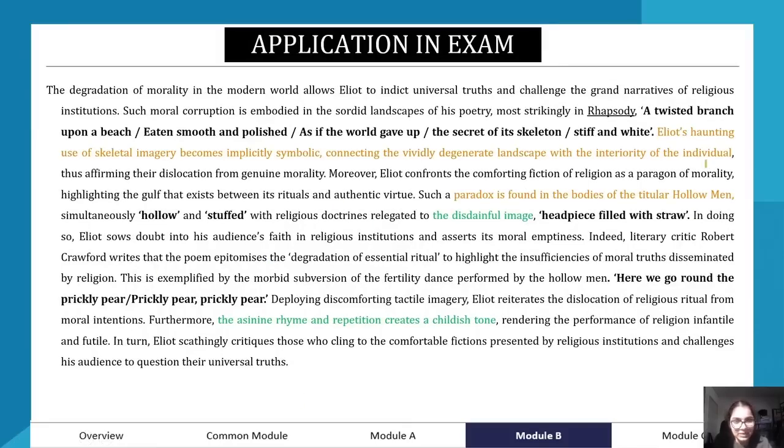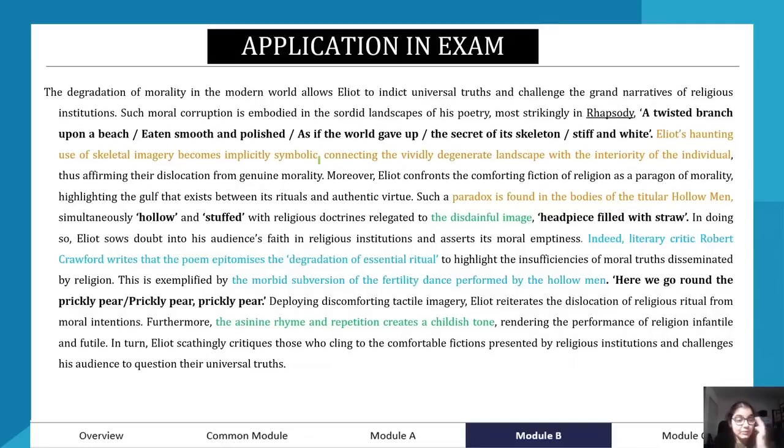Now, second level of analysis is discussing more complex technique: haunting use of skeletal imagery, which becomes implicitly symbolic, connecting the vividly degenerate landscape with the interiority of the individual. So we've got skeletal imagery and the fact that it's symbolic. And then we also see such a paradox is found in the bodies of the titular hollow men.